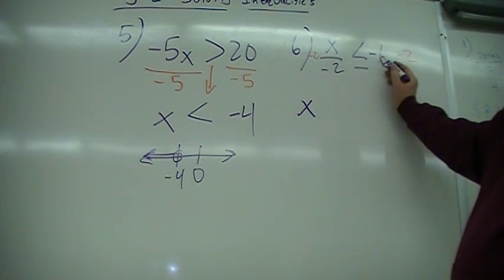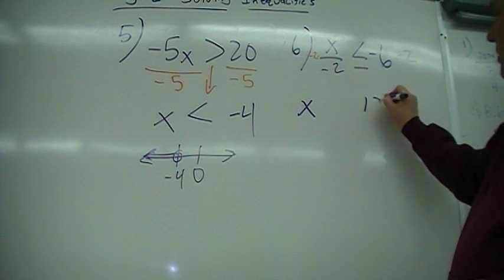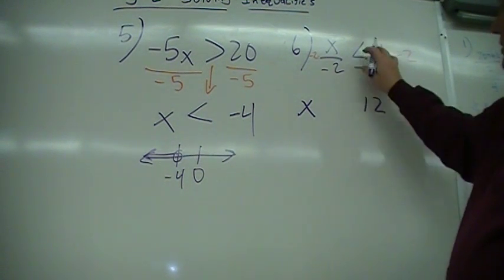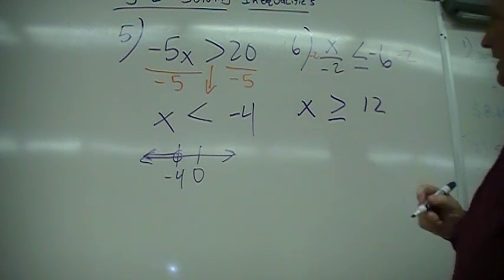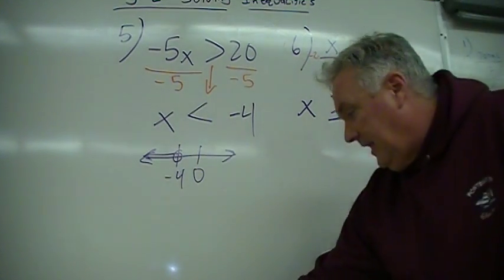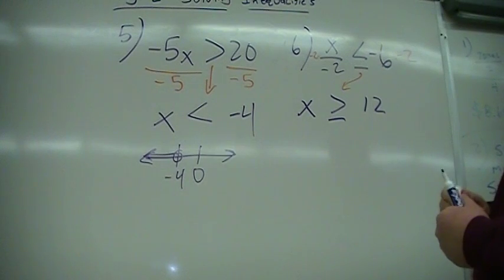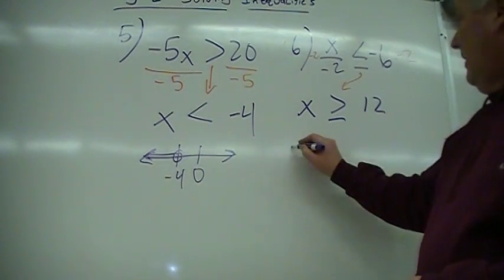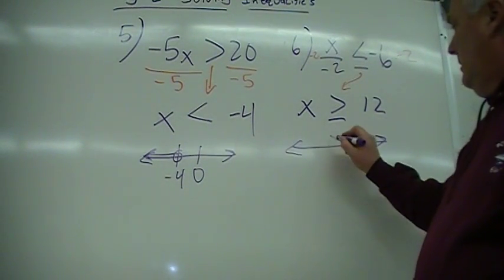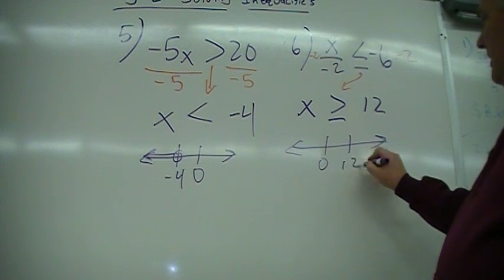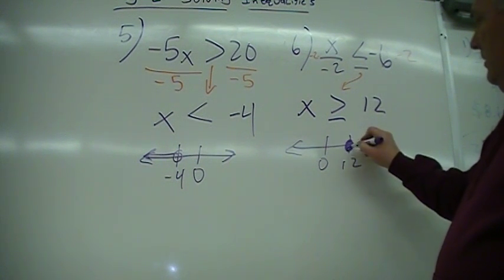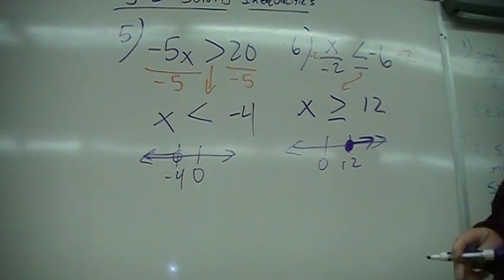X. Negative 6 times negative 2 is positive 12. Change this sign, greater than or equal to. That's really important right here. The quick graph, 0, 12, greater than or equal to, that way.